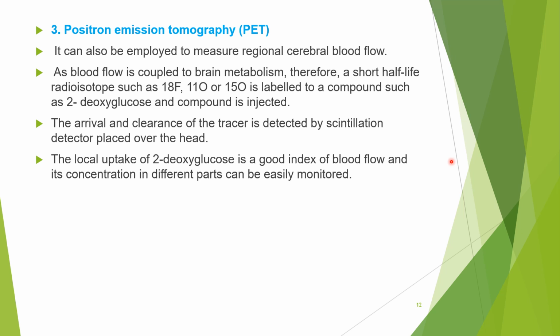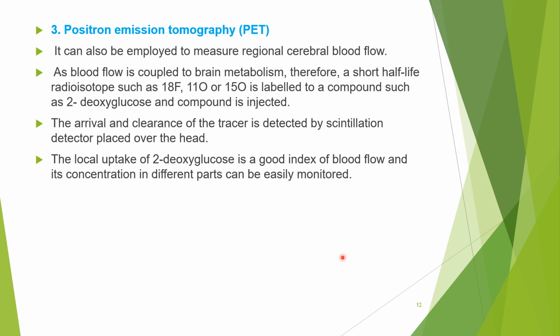Here we are using short half-life radioactive isotopes like fluorine 18, oxygen 11 and oxygen 15. We are using these substances, F18, O11 or O15, and they are attached to one glucose compound, 2-deoxyglucose.